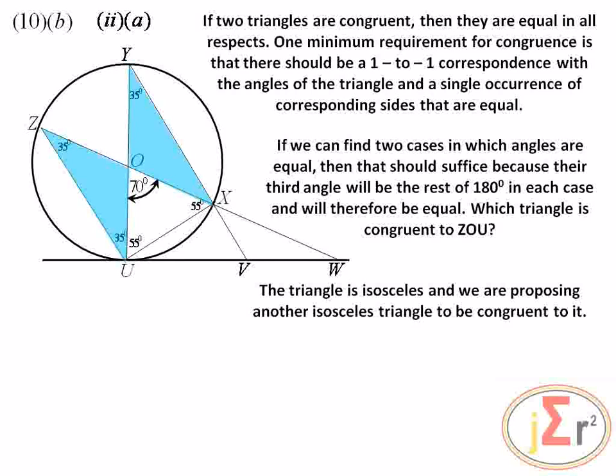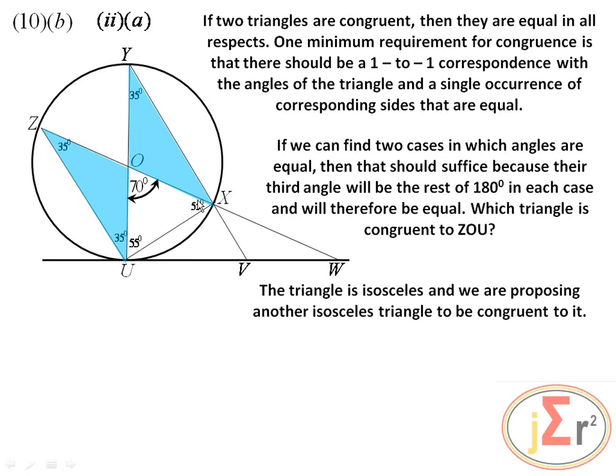It is easy to see, because we have 35 here, 35 here, 35 here, and 35 there. We are sure that these angles, being opposite to each other, are equal. And of course this is a radius of the circle, and this is a radius, this is a radius, and this is a radius. We far exceed the requirement for congruence.